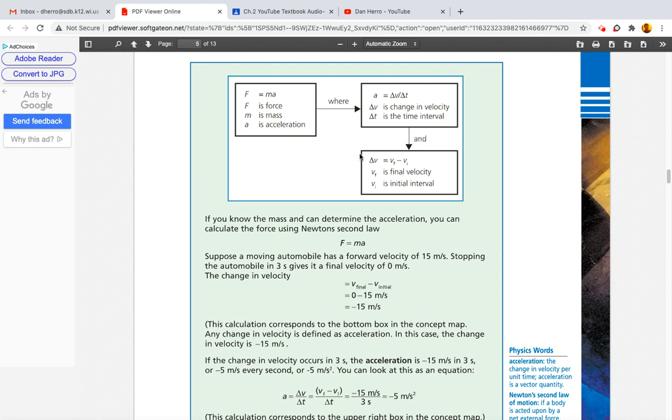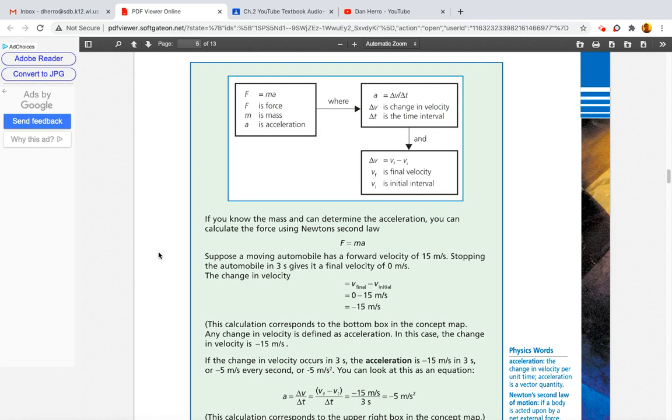And change in velocity equals your final velocity minus your initial velocity. If you know the mass and can determine the acceleration, you can calculate the force using Newton's second law, which is force equals mass times acceleration.